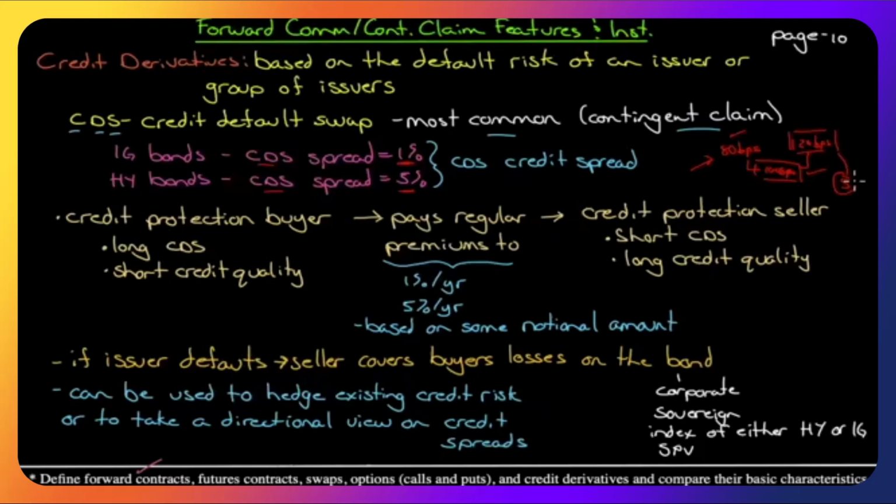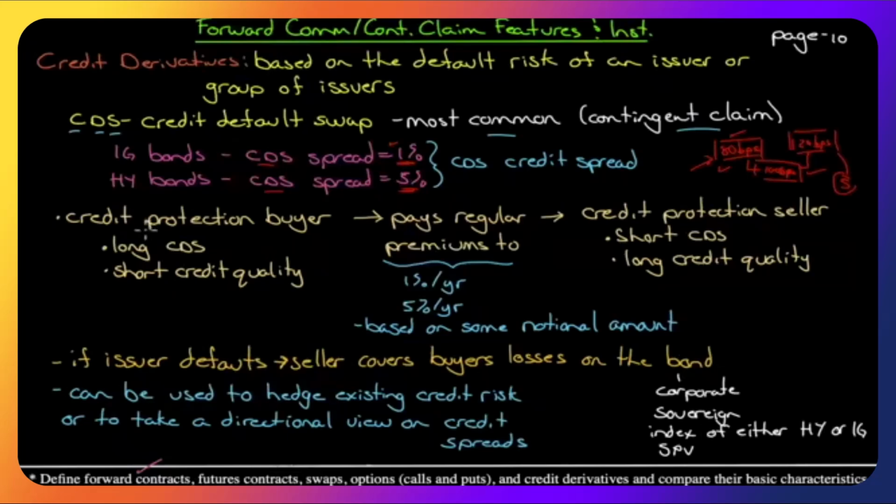It's like a swap in the sense that there's going to be a series of payments being made, which is the premium, the 1% or the 5%. This is per year of whatever the notional amount is. But it also includes the option component of saying there has to be some upfront payment to correct from what actually is going on to the more standardized contract form.